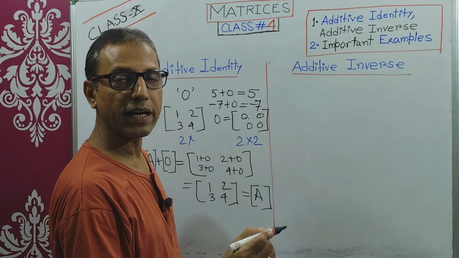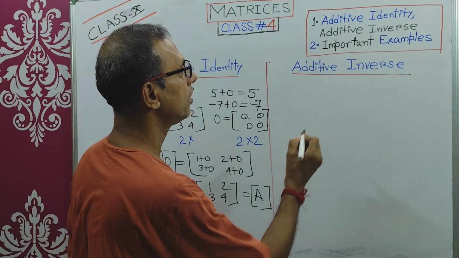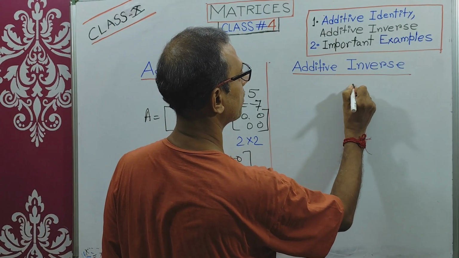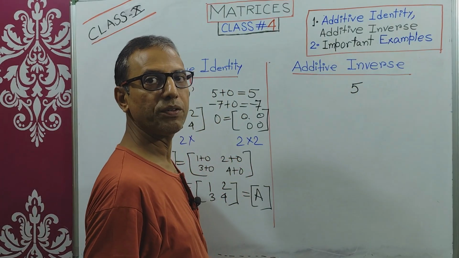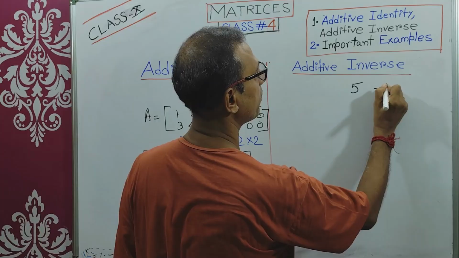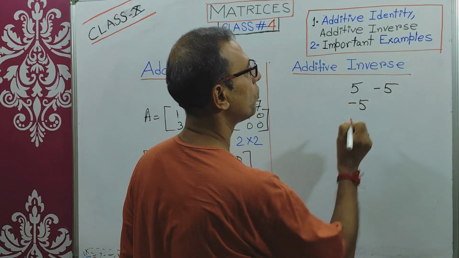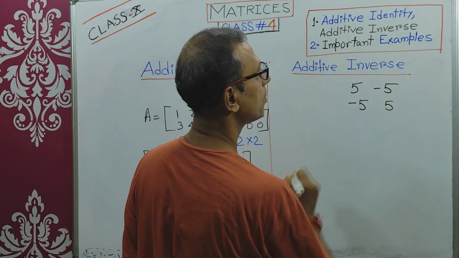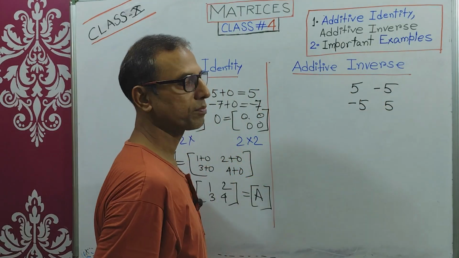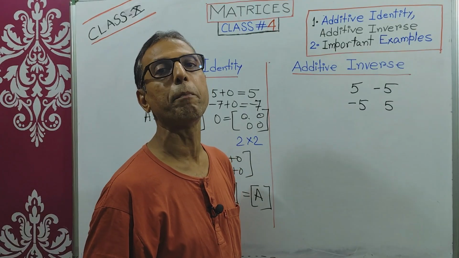Additive inverse. What is the additive inverse with respect to the number system or rational numbers? If there is a number 5, what is the additive inverse of 5? That is minus 5. If there is a number minus 5, what is its additive inverse? It is plus 5. Why? Because the additive inverse means you multiply the given number by minus 1.